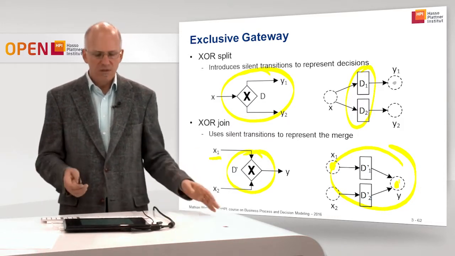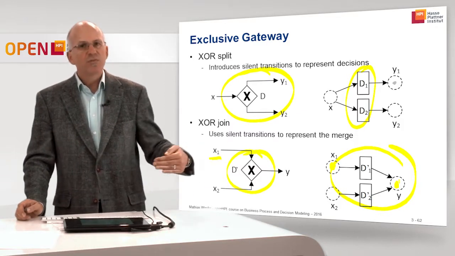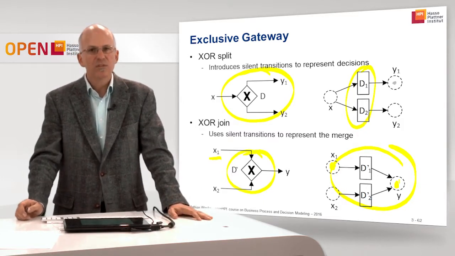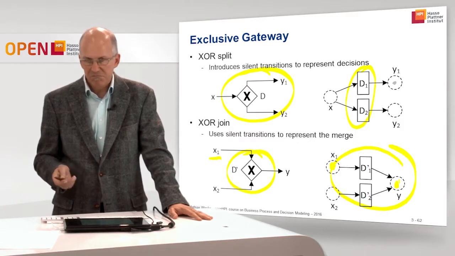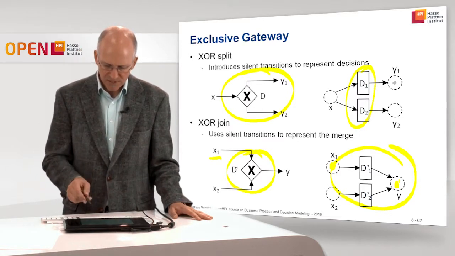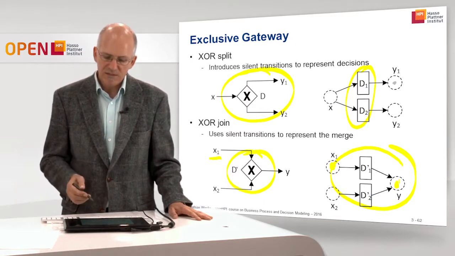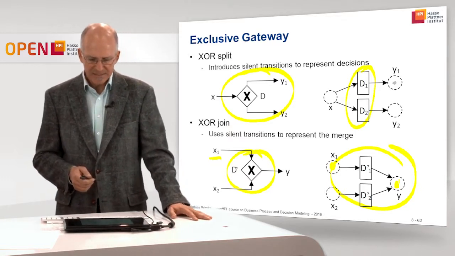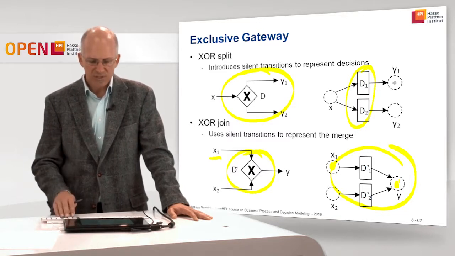So if either one of the incoming sequence flows to the XOR join is triggered, then the XOR join signals its outgoing edge, and we can achieve the same behavior in the PetriNet with this structure, that either there's a token in X1 or X2. In the first case D1 prime fires, in the second case D2 prime fires. In any case, there's a token in Y which allows the process to continue.